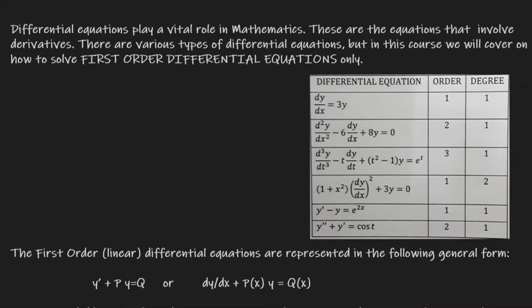The order here represents the highest power of the derivative. Like here we call it order 1 because we only have dy dx. This second equation we call it order 2 because we have a second derivative there. And over here we also can have dy over dx power 2, degree 2.